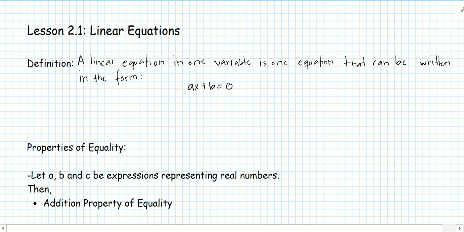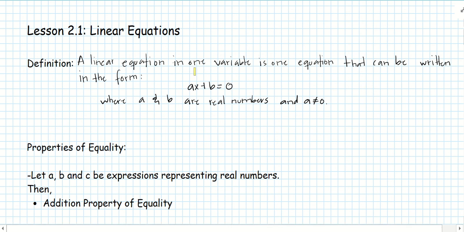Okay? And this is where a and b are real numbers. And a cannot be equal to 0.